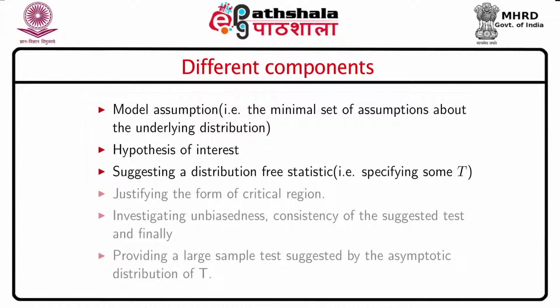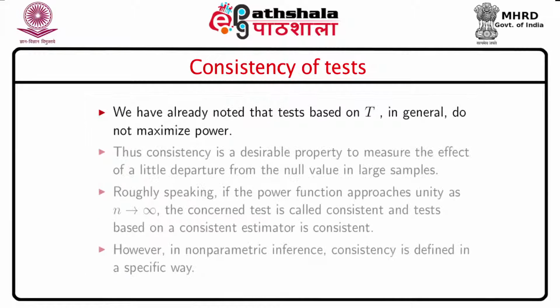Next, suggesting a distribution-free statistic, that is, specifying some statistic T. And then, justifying the form of the critical region. And of course, this justification is based on some intuitive appeal. Next, we investigate unbiasedness and consistency of the suggested test, and then provide a large sample test suggested by the asymptotic distribution of T. And lastly, in some situations, deriving a distribution-free confidence interval.